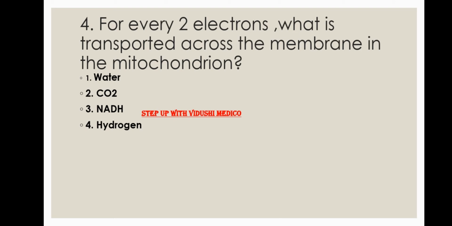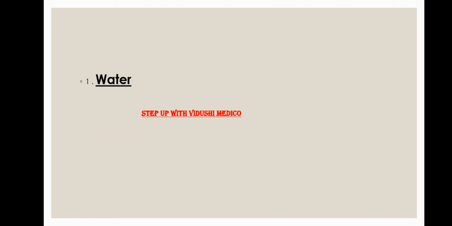I am giving you 30 seconds. Okay, so 30 seconds are over now. It is water. You all must be thinking why am I giving you 30 seconds? You can even take 1 minute. Just pause the video and think. So the answer is water.